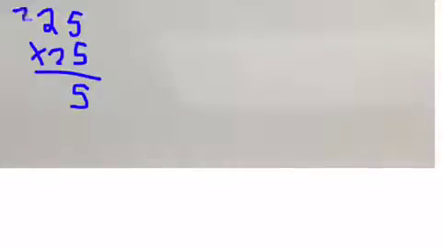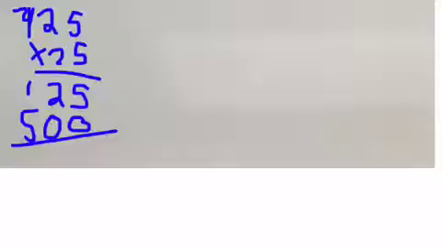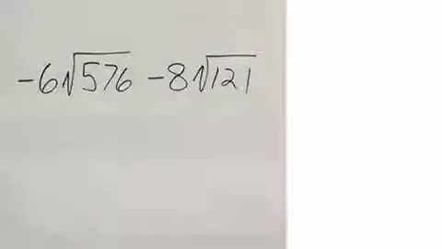We'll carry the 2. 5 times 2 is 10, plus 2 is 12. Moving over, 2 times 5 is 10. 2 times 2 is 4, plus 1 is 5. All right, so we're going to get 625. Oh, I wanted 576, which means I'm going to have to try a different number now.